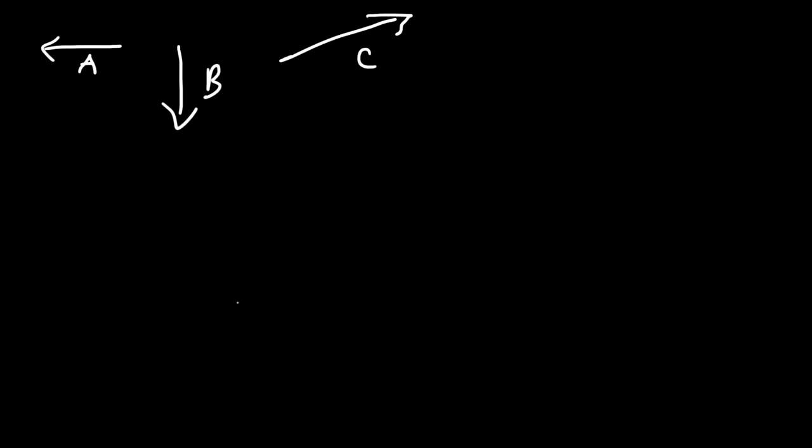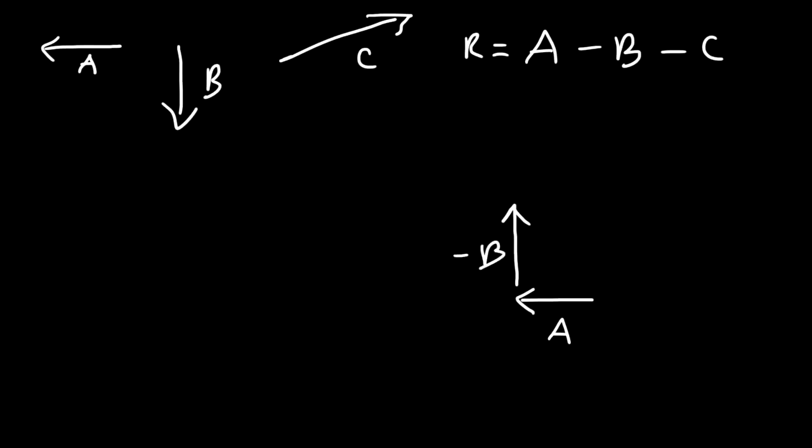Now let's find the vector sum of A minus B minus C. So let's say R is A minus B minus C. Draw a vector R, the resultant vector. So let's start with A. A is going to the left. Next we have negative B. If positive B is directed down, negative B has to be going up.